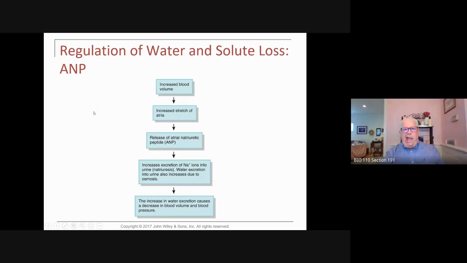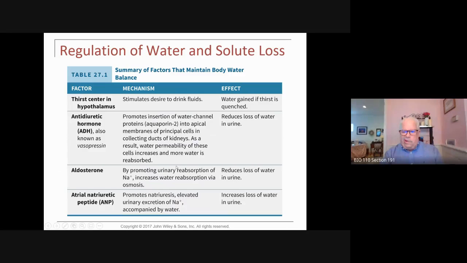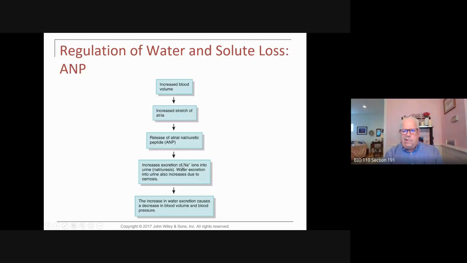Okay, here's ANP. Here, now, your blood volume is increased. When your blood volume is increased, you have stretching of your atria in your heart. When your atria stretch, they release ANP. ANP increases the excretion of sodium, otherwise known as natriuresis.